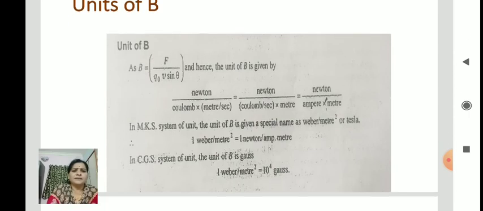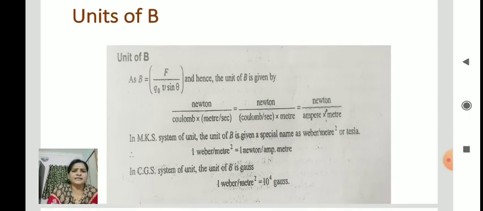From that I can find the units of magnetic field induction B. Just now we found the expression B as F by q naught v sin theta, and hence the unit of B is given by: force unit is Newton, charge is Coulomb, meter per second is the velocity.